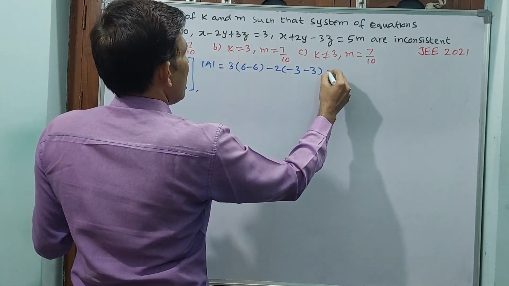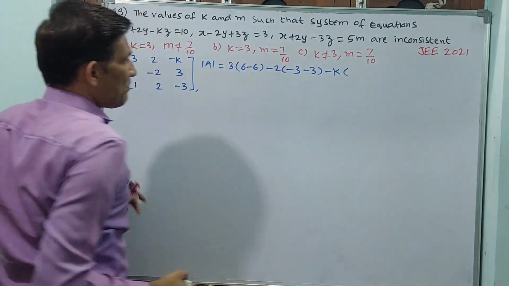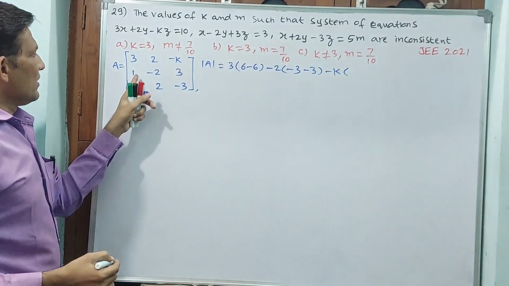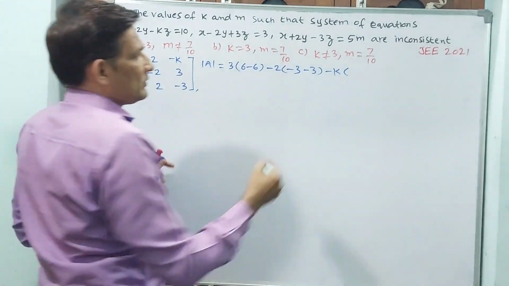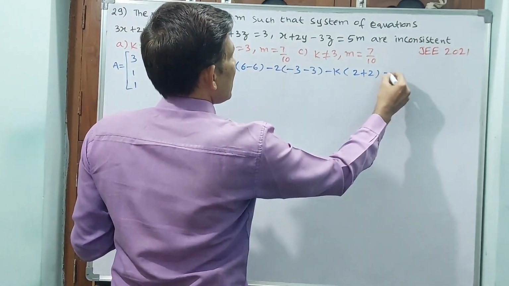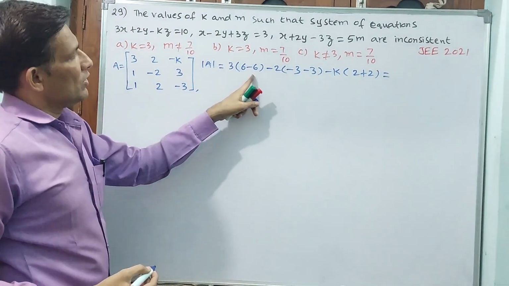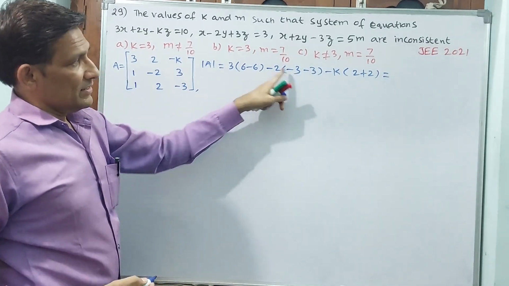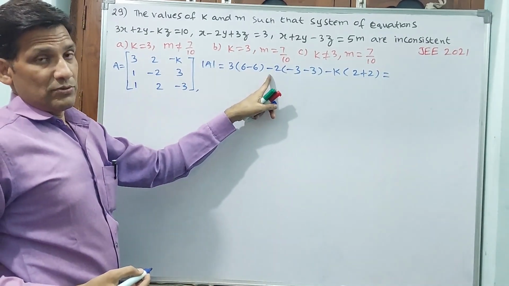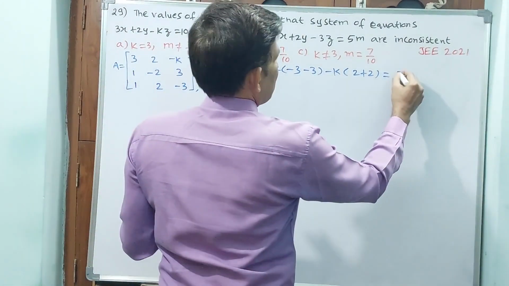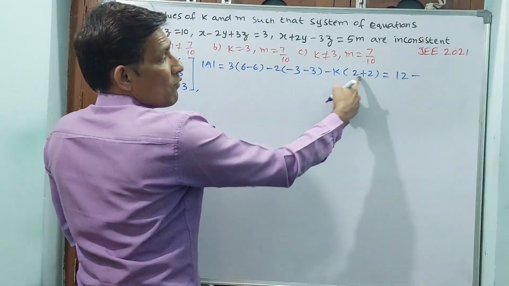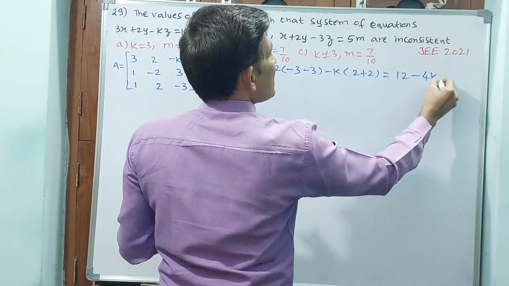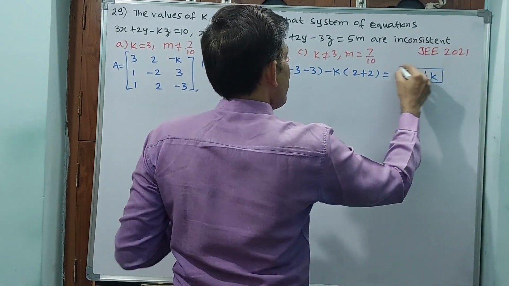And minus k times of, actually plus, but here already minus is there, 2 plus 2. That is equal to 0, then minus 6 into 2, minus 12 plus 12. 12 minus 4k. See, this is determinant of A.